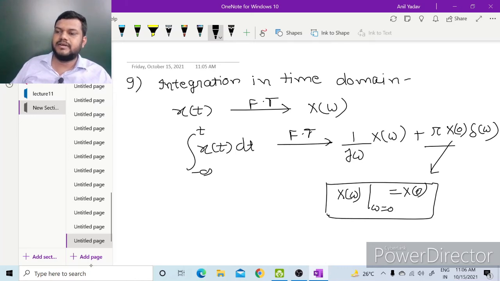So the second part will be present if this X(omega) at omega equal to 0 is non-zero.